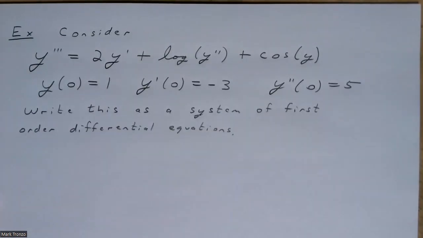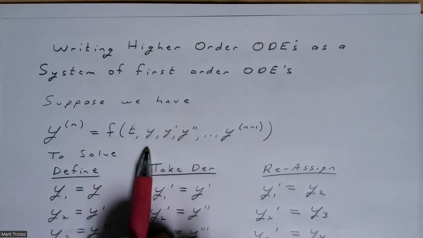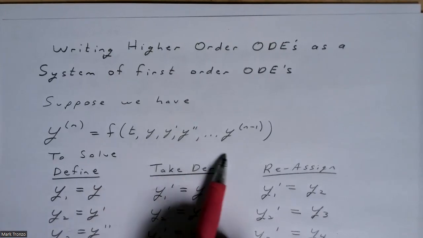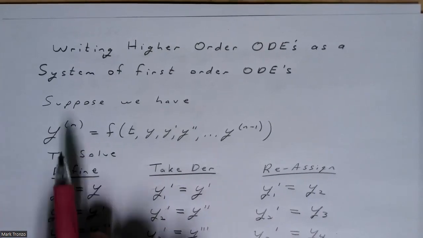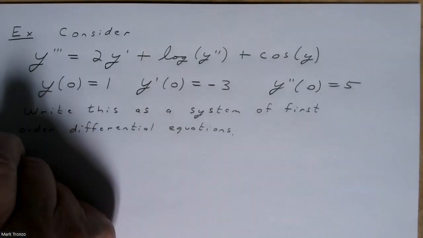So let's take a look at that. Again, it's exactly what we started a minute ago. The right-hand side is a function of lower derivatives. The left has the highest derivative, so it has the form that we need. And so let's go ahead and do that.